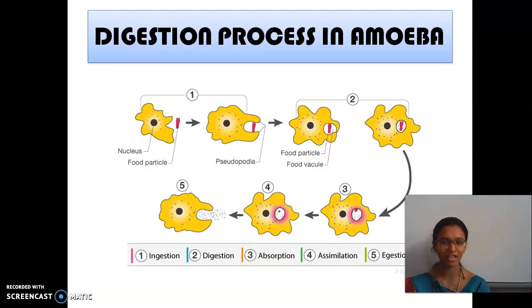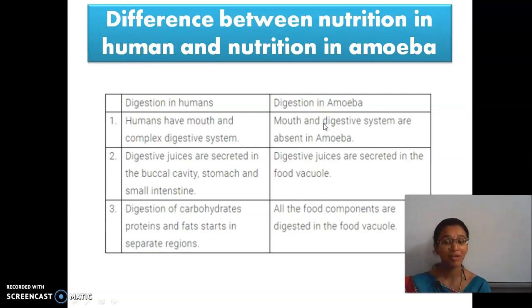What is that food vacuole? See, this is called the food vacuole. But human beings have many things, that is the buccal cavity, stomach. To the stomach, where does it come from? It comes from the liver and pancreas, and then in the small intestine, intestinal juices and pancreatic juices, everything is secreted here.